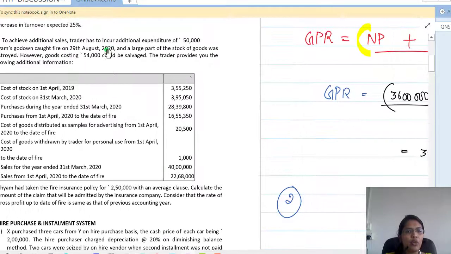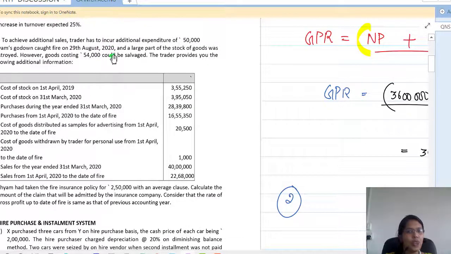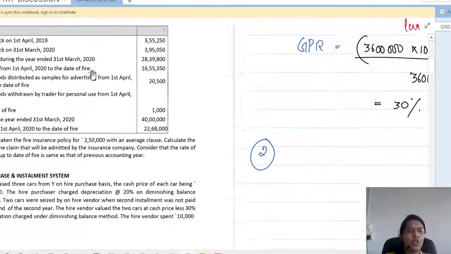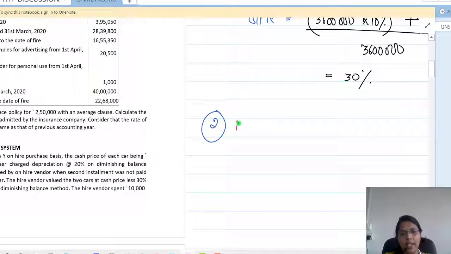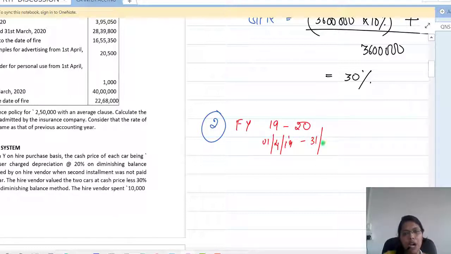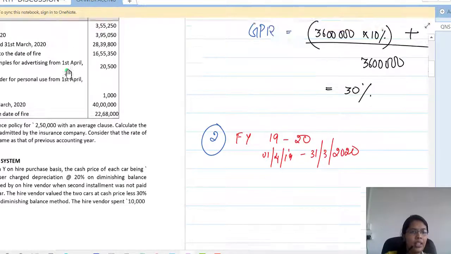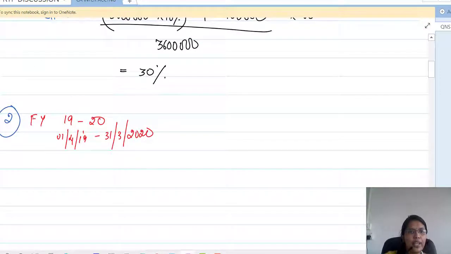The date of fire was 29th August 2020 and all the particulars given are for the year ended 31st March. So we can say the financial years being considered are 1920, that is April 1st 2019 to March 31st 2020, and the fire occurred on 29th August.